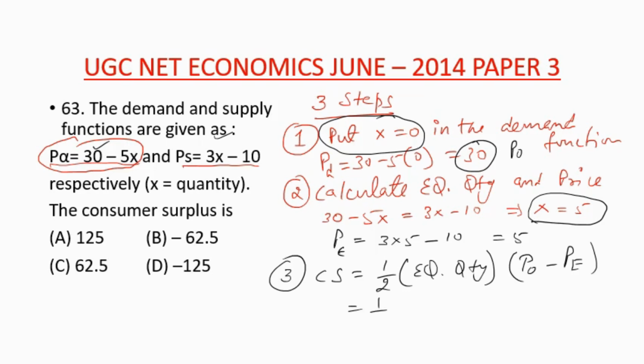So this is half multiplied by 5, and this is 30 minus 5. If we solve it, we get half multiplied by 125, and finally we get 62.5 as your correct answer.